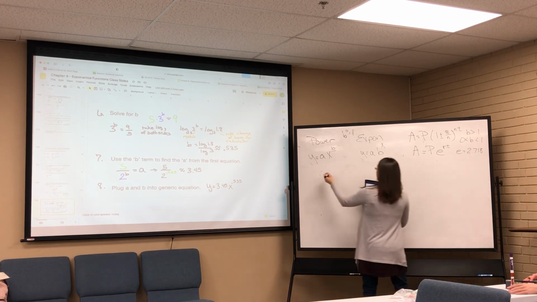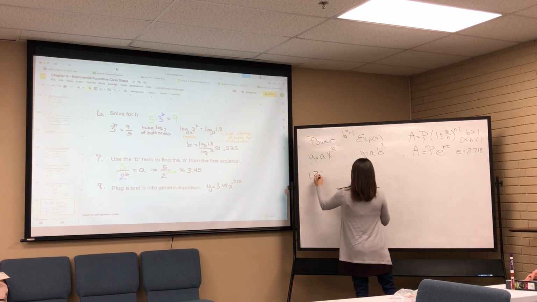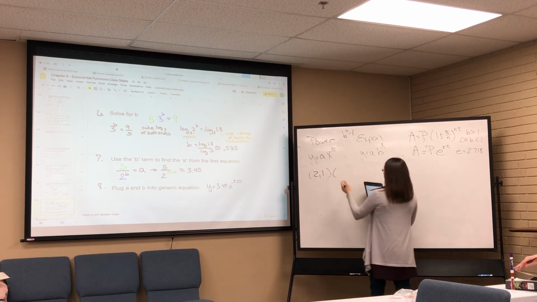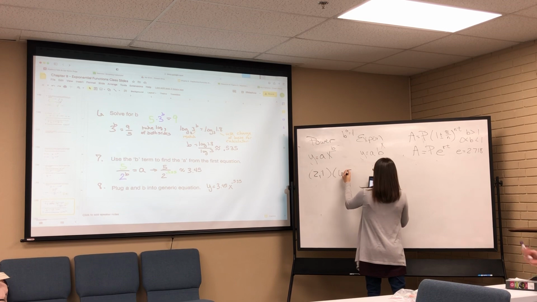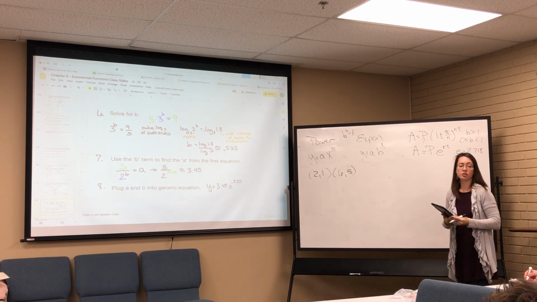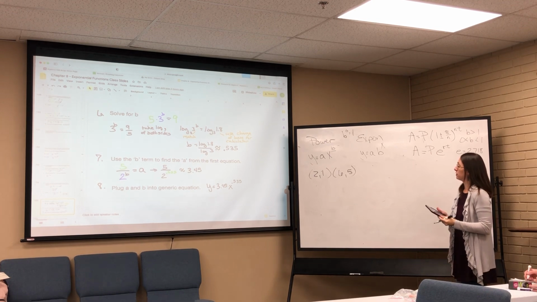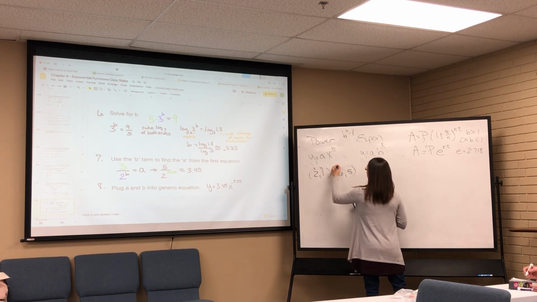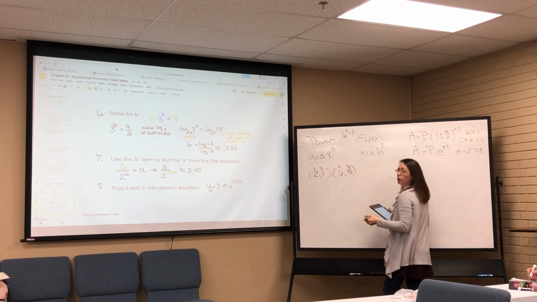Okay, so given the points (2, 1) and (6, 5), write the power function that goes with these points. So initially I'm going to say x and y, and we're going to write our two equations.